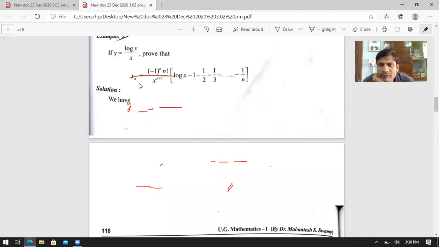Prove that yn equals minus 1 to the power of n into n factorial divided by x to the power of n plus 1 into log x minus 1 minus 1 by 2 minus 1 by 3 and so on, minus 1 by n.